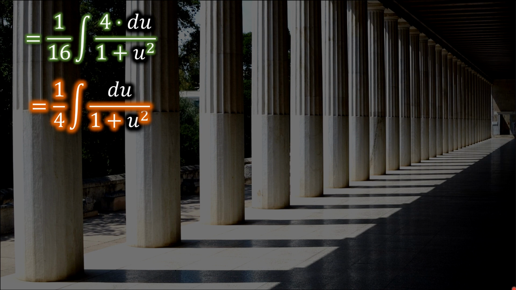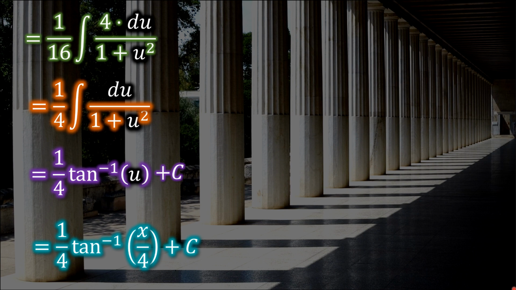I know that integral. It's arctangent, the arctangent of u plus c. That's probably my favorite. Now I can sub back. Remember that u is x over 4. So I get 1/4 times the arctangent of x over 4 plus c. And that's my answer.